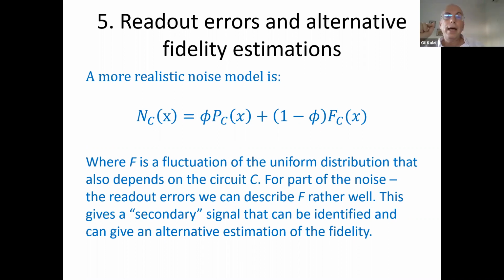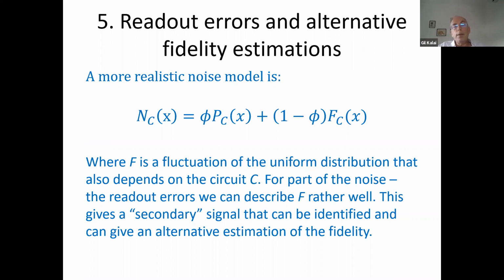And there are other reasons why this is not so realistic. And we try to study this fluctuation. The fluctuation of the uniform distribution gives you a sort of a secondary signal. So one way to think about the Google experiment is that this exponential distribution gives you a signal of mountains and valleys that manifest this pseudo-random quantum computing, and that you try to verify that this signal exists in the sample data.